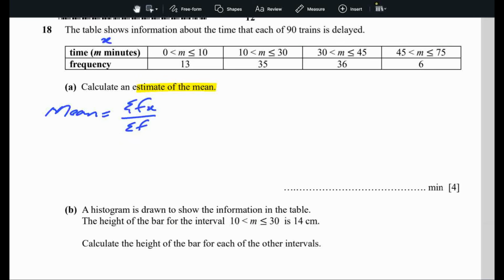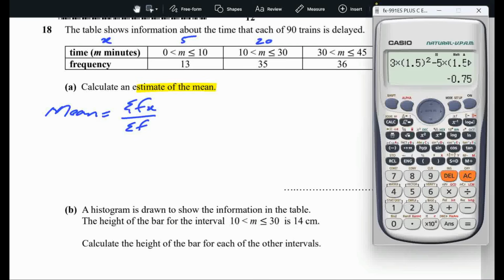So we have to find out x first. Here this will be 5, here this will be 20, and now x is basically the midpoint, so 30 plus 45 divided by 2. So this will be equal to 37.5.